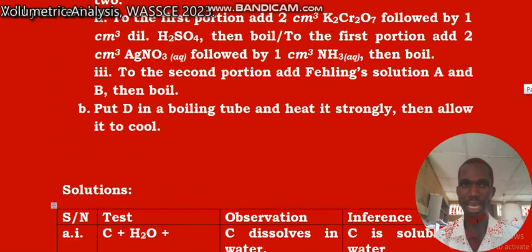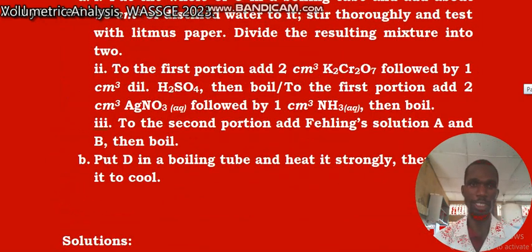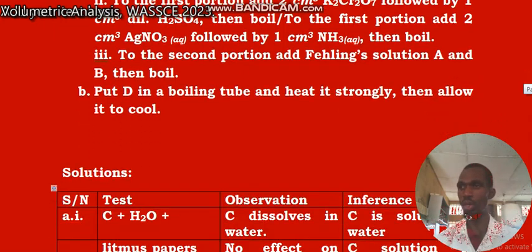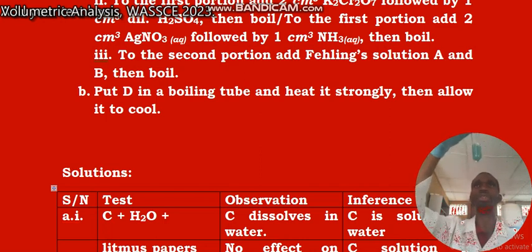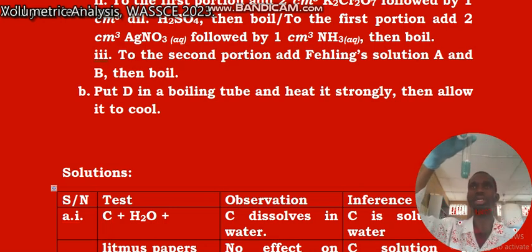Now for part three, the question says, to the second portion, add Fehling's solution A and B, then boil. When you add Fehling's solution A and B to the aqueous solution, it will turn blue. If you leave it to stand for some time, it will gradually start to turn a bit yellow, but here it's still bluish to a large extent.